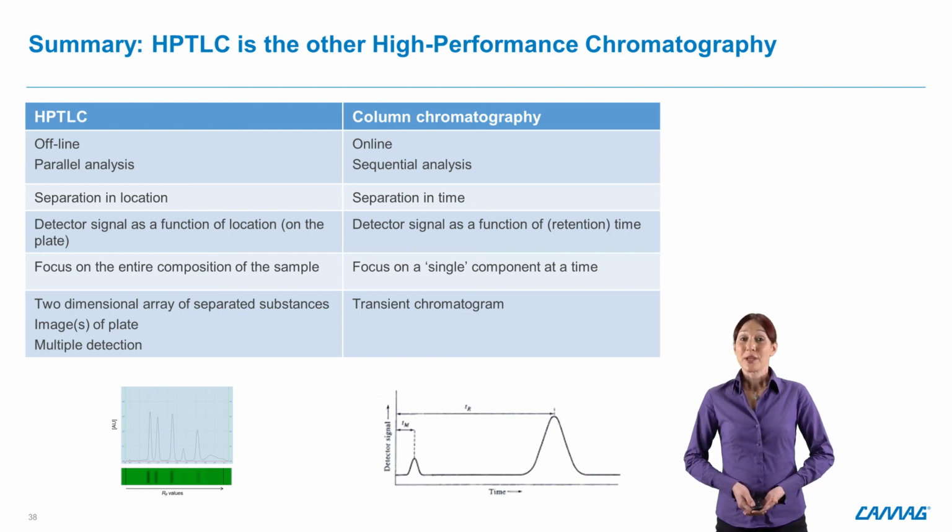The obtained two-dimensional array of separated substances is detectable many times, which means that we are able to gain multivariate data from one separation in different illuminations and by using different reagents or even after incubation with enzymatic solutions or bacterial culture media.